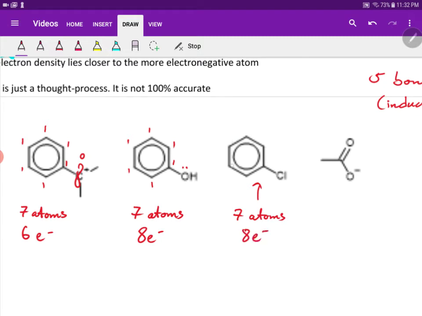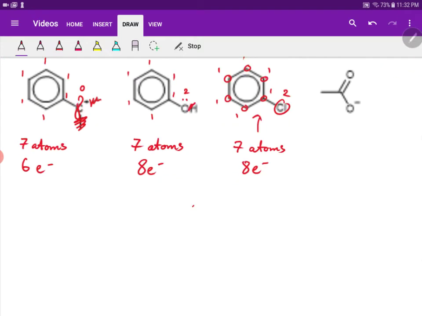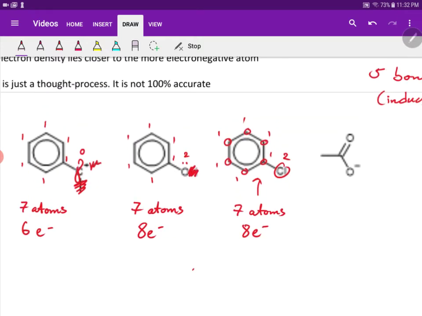Which are the 7? These are the 7 that allow us to delocalize. So I have 1, and 2 here. Take note, I am only interested in the p orbitals that overlap, so I'm not interested in these other bonds here, and I'm not interested in this hydrogen atom. Just the p orbitals and the lone pair of electrons.